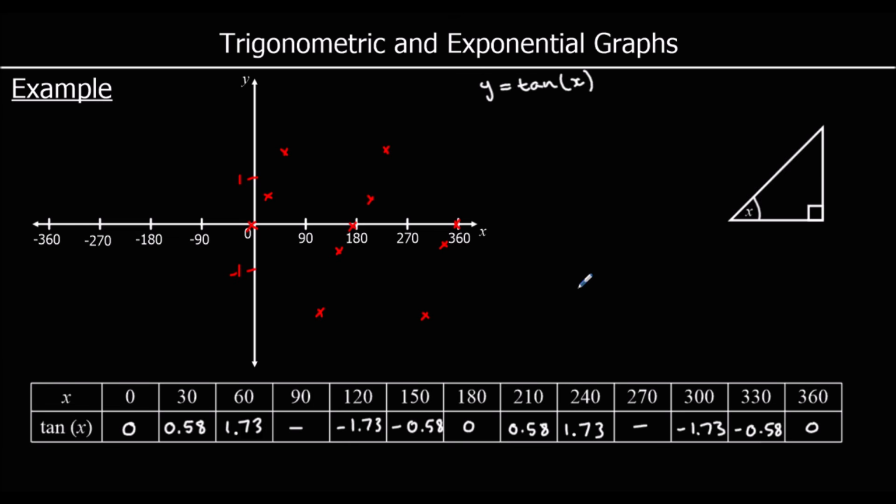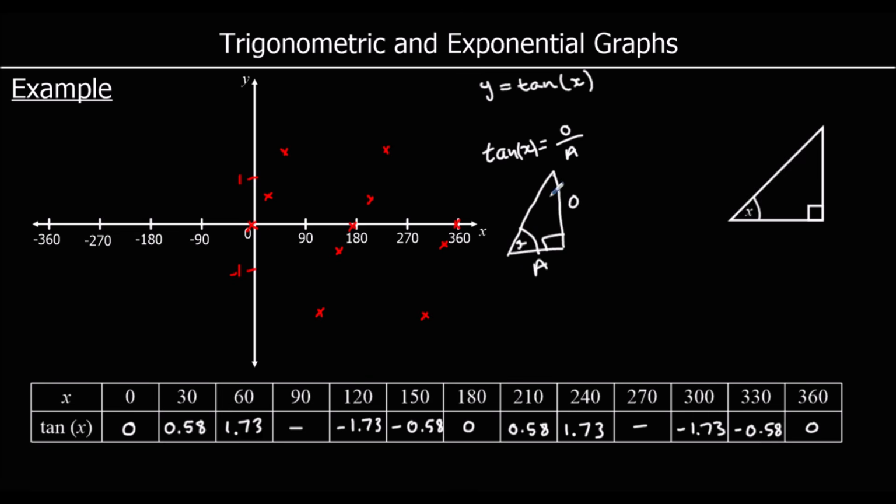So we need to figure out what's going on at 90 degrees. So we can think of tan x as the opposite over the adjacent in a right angle triangle. And if we had a right angle triangle, we'd have the opposite and the adjacent.